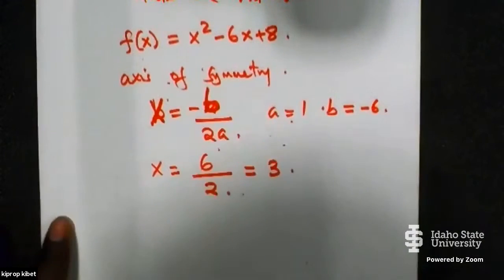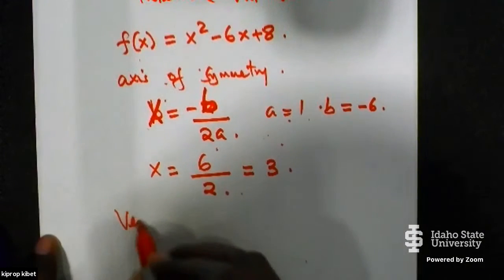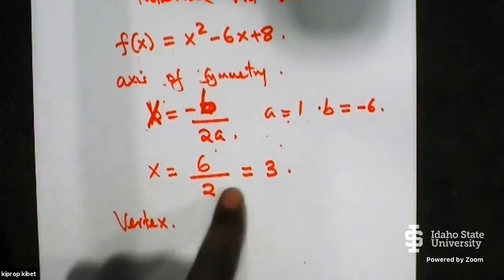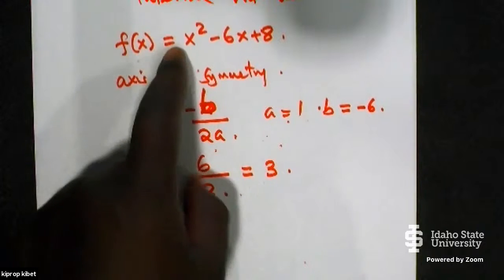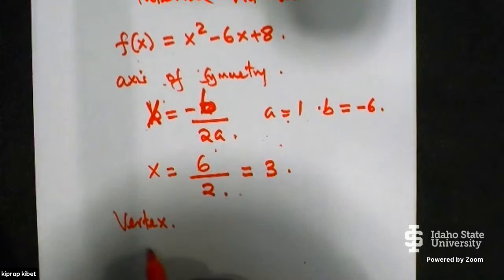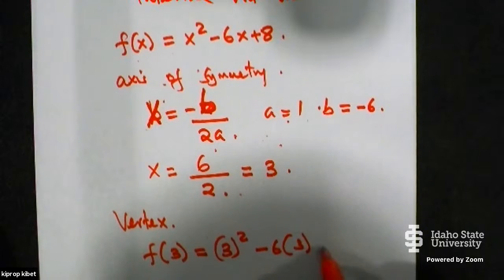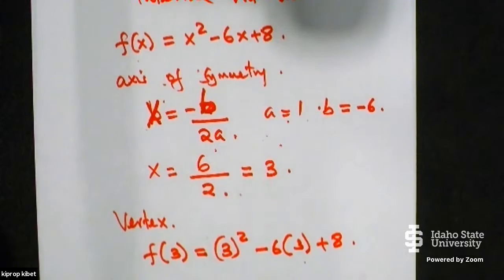Then, let's get the vertex. To get the vertex, we now substitute the axis of symmetry into f of x. So f of 3 equals 3 squared minus 6 by 3 plus 8.